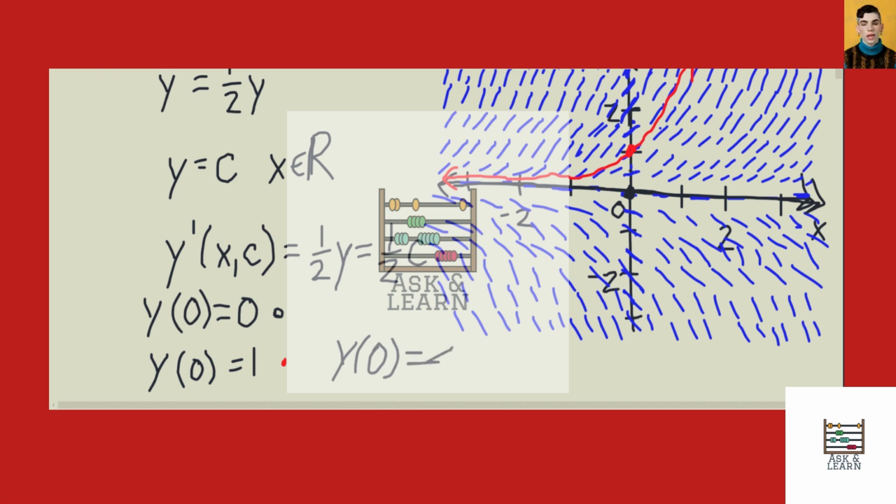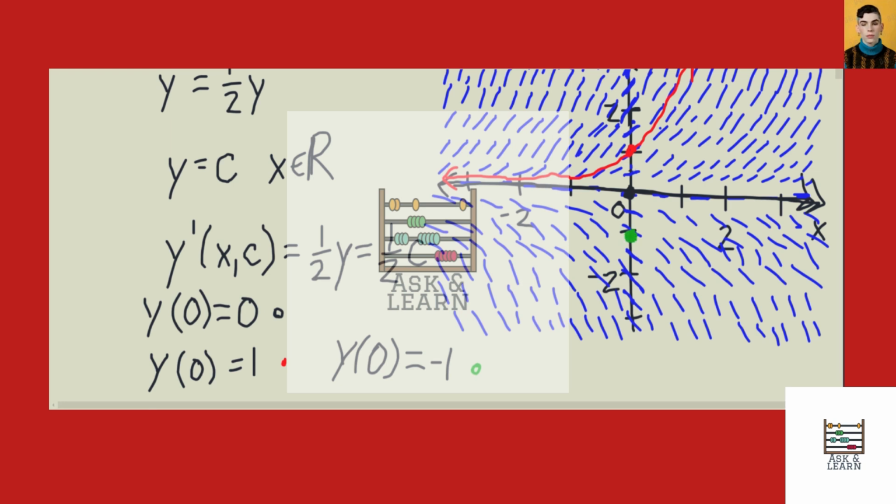Now, one more initial value we'll take is y of 0 equals negative 1. So now we've got one for above, below, and on the horizontal asymptote. And I'll graph this in green.